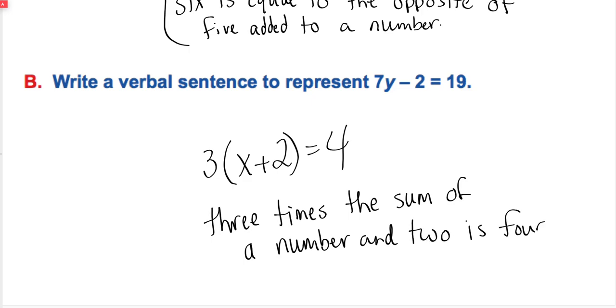So the thing that indicates the quantity here, it's the sum of a number and 2. So we're saying a number times a sum of something, or a number times a subtraction of something if we had a subtraction. So be careful with those ones.